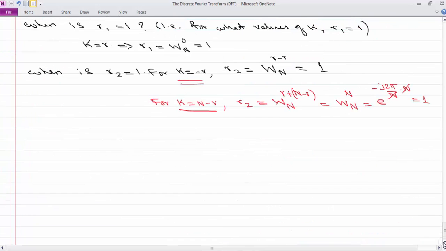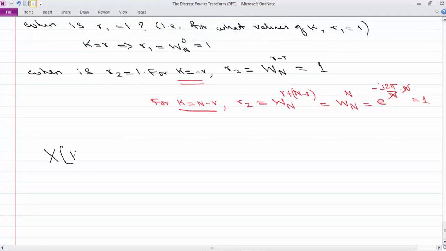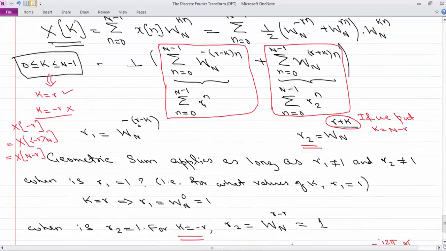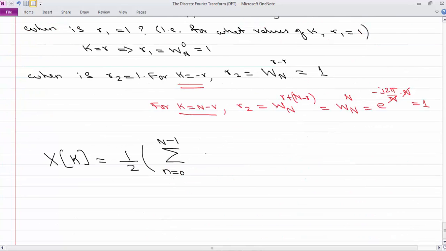So let me write it down below. Our formula that we had written was X of k equals 1/2 summation n from 0 to N minus 1 of R1 to the n, plus summation n from 0 to N minus 1 of R2 to the n.